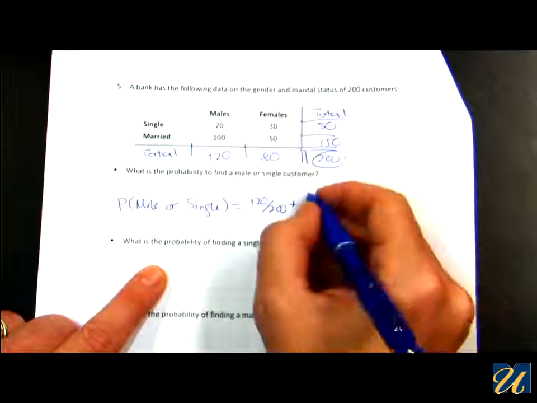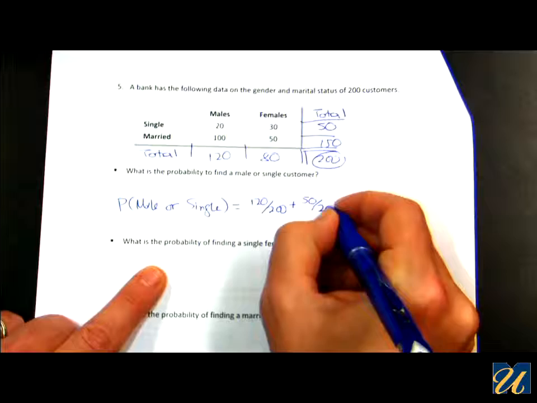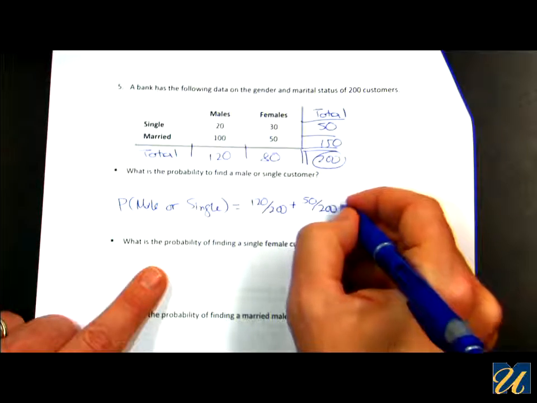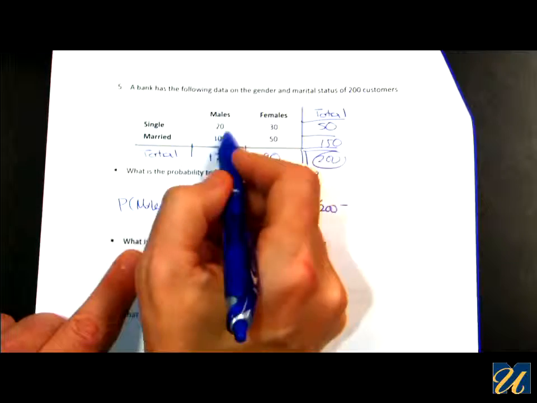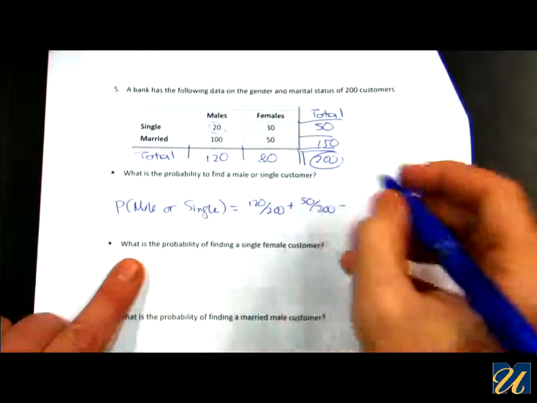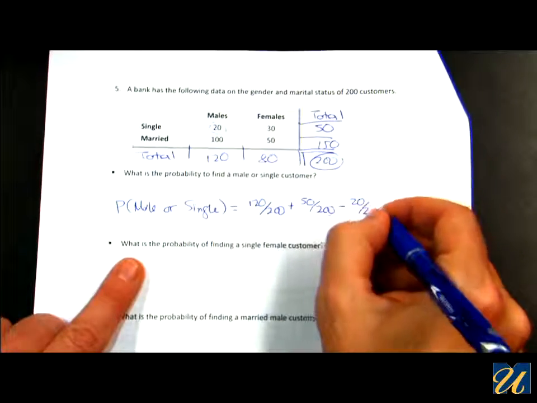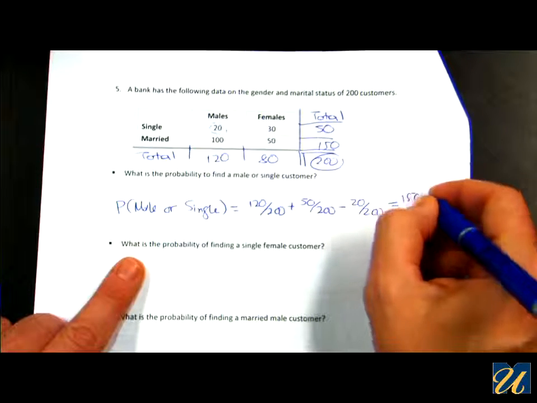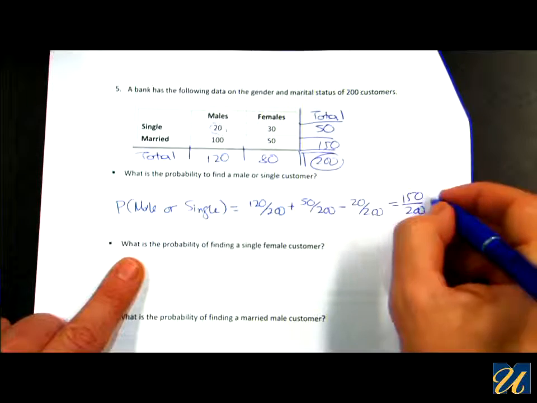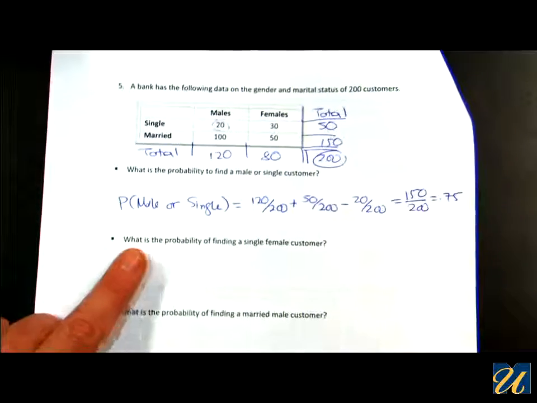You go to the total of that category, 50 over 200, minus the probability both male and single. Male and single, where do they intersect? Right here, 20. So 20 over 200. So the correct answer will be 150 over 200, which is 0.75. The probability of selecting a male or single is 0.75.